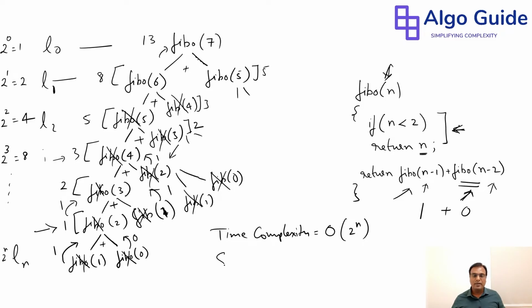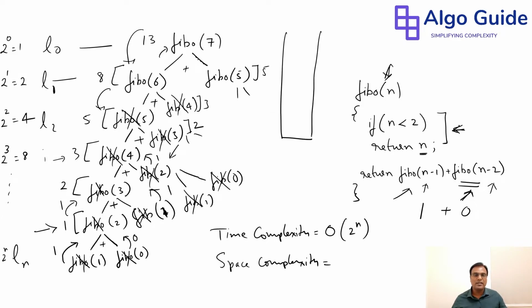When we look at the space complexity, we have seen that when fib of 7 was called, it called fib of 6, fib of 5, fib of 3, 2 and so on. Let us say this is the call stack.